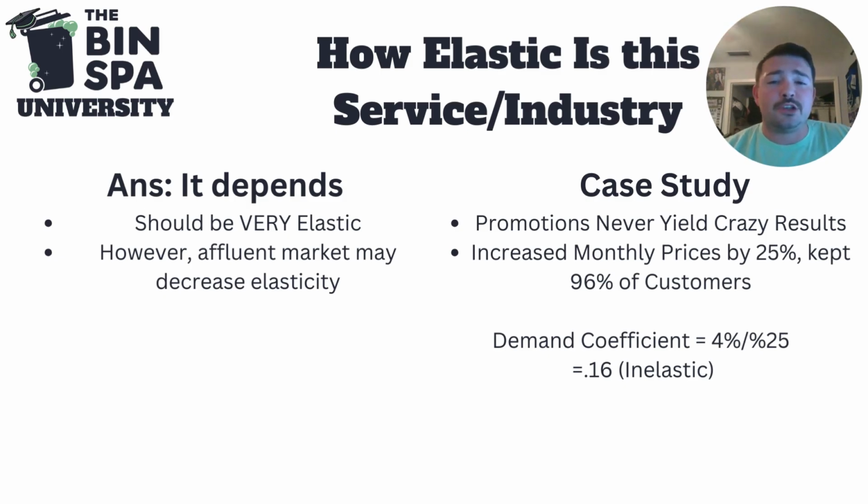So the question is, how elastic is this service, this industry? And the answer is, it depends, right? The typical consultant answer. On paper, in theory, it should be very elastic. It's a luxury service. However, it's an affluent market, people want this service, and there's a lot of brand loyalty. There are a lot of other factors coming into play, probably high barriers to entry for competition, at least serious competition with the right equipment. So that stuff may decrease elasticity.